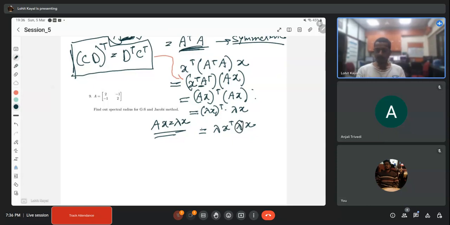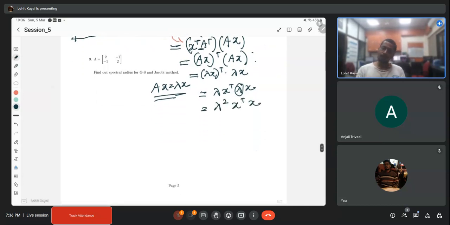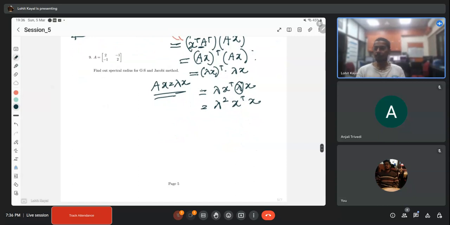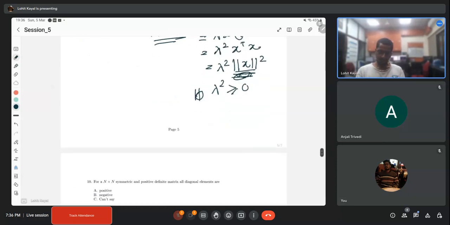Now again, this is not a matrix. This is just a value. So I can push it here: lambda square x transpose x. Now what is x transpose x? X transpose x is the two norm squared. So this is the value for x transpose x. Now lambda square is greater than or equal to 0, obviously, and norm of x square is greater than or equal to 0.